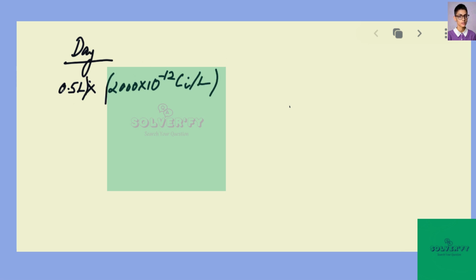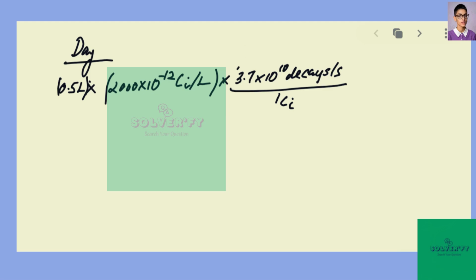From these curies, we need to convert into decays per second, so this is the number of decays per second per curie. For each day, we need to find out how many seconds there are, so we multiply that by the number of seconds per day, which is 24 times 3600.